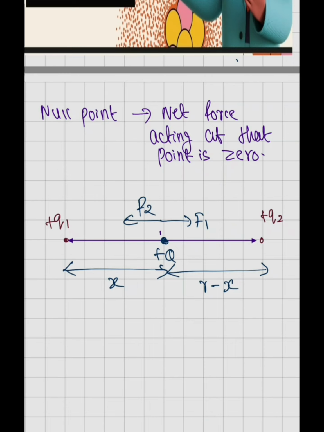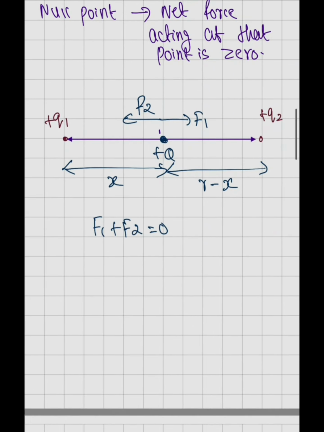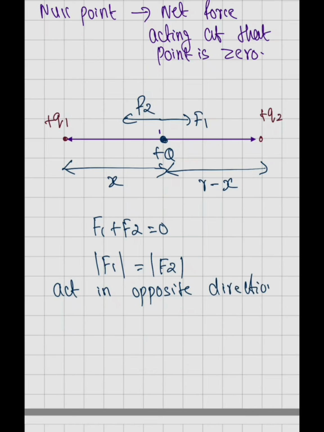Now let us check where the null point will be formed. For the formation of the null point, F1 plus F2 must be 0, or they must cancel each other. For the cancellation of F1 and F2, the magnitude of F1 must be equal to the magnitude of F2, and they must act in the opposite direction.